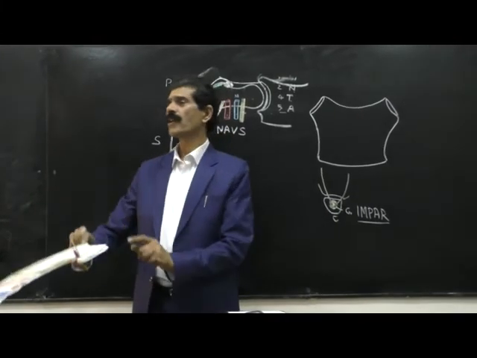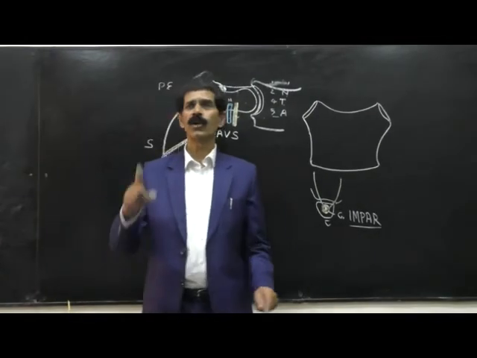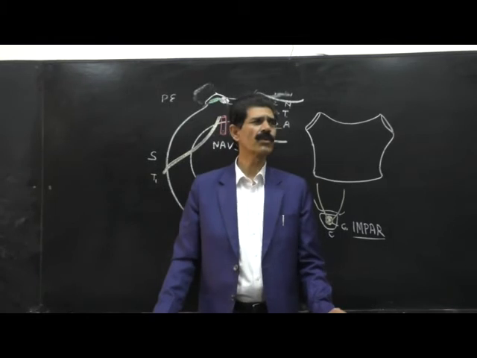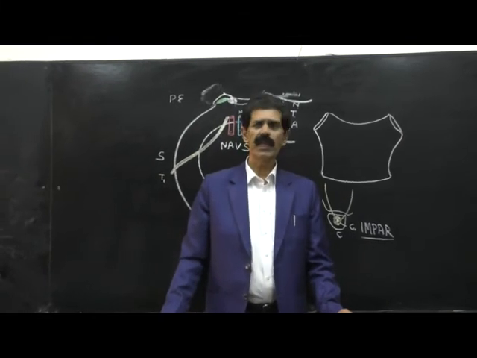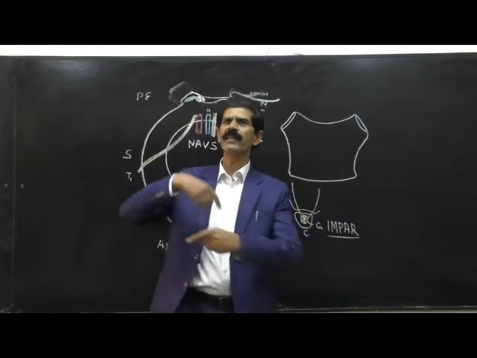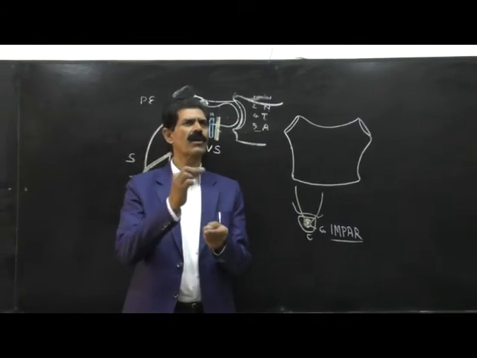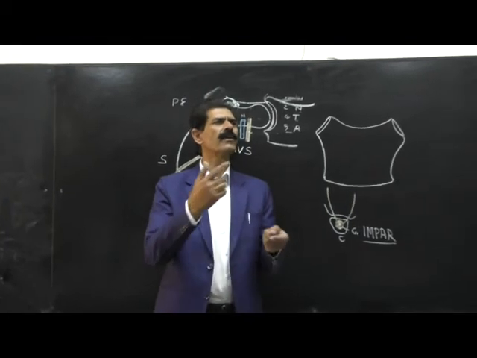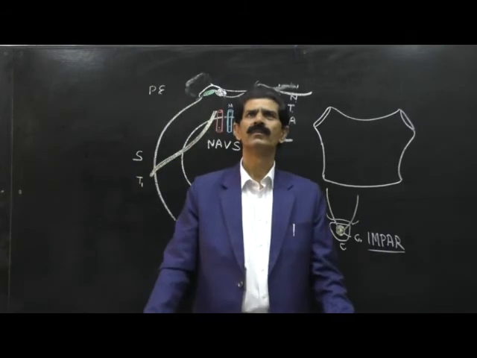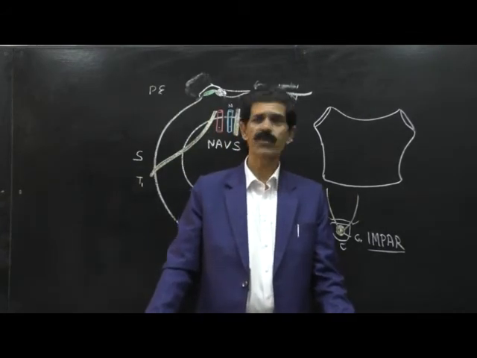The name of this joint is costotransverse. Costo means rib, transverse means transverse process. So simple to remember. The name of this joint is the costotransverse joint, and the ligament which fixes it is called the costotransverse ligament. So this should be your answer. This ligament fixes it. The posterior end is fixed.